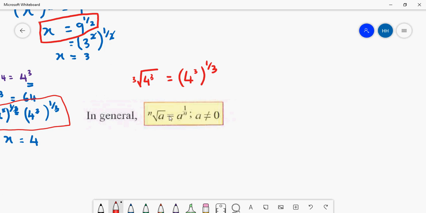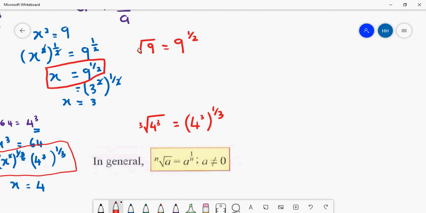So if this is n root, the fraction here will be 1 over n. Because this is cube root, this is number 3, so it becomes 1 over 3. When this is square root, that means square is 2, so this is 1 over 2.